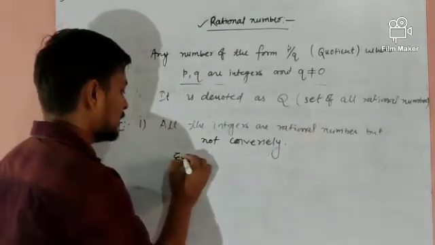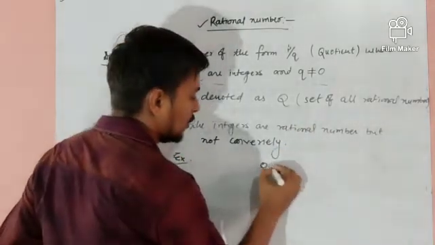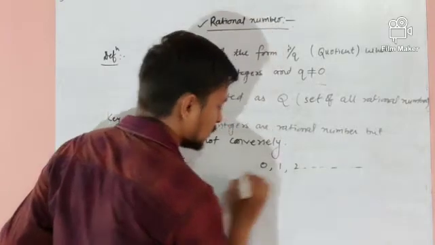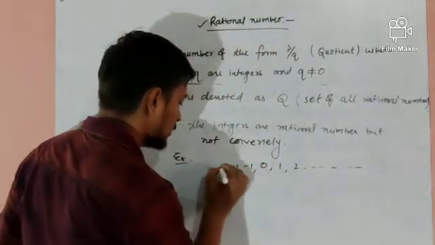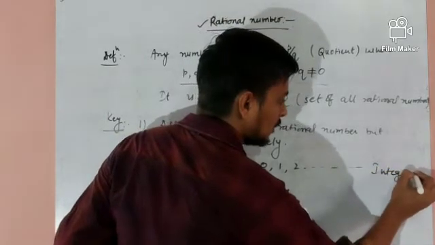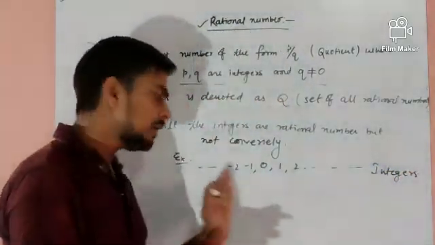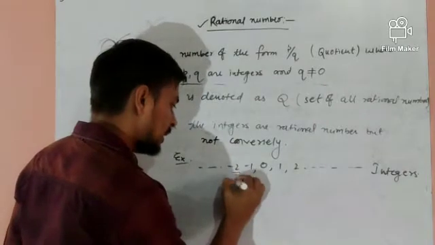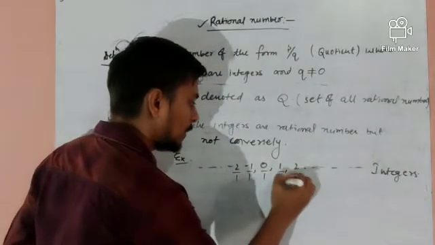The example is 0, 1, 2 and so on, -1, -2 and so on. These are the integers. All these integers can be written as upon 1, upon 1, upon 1, upon 1.